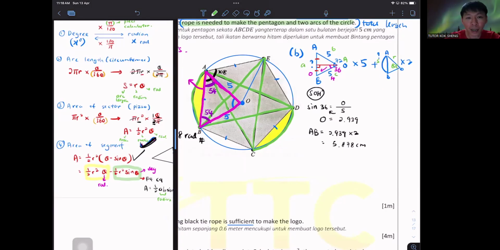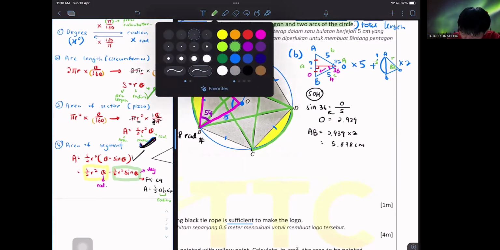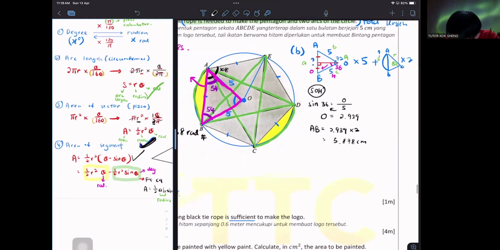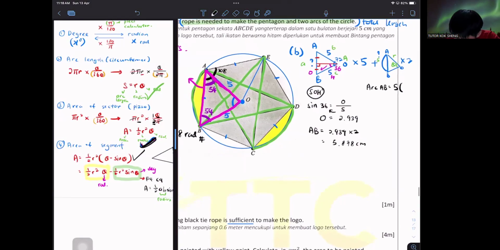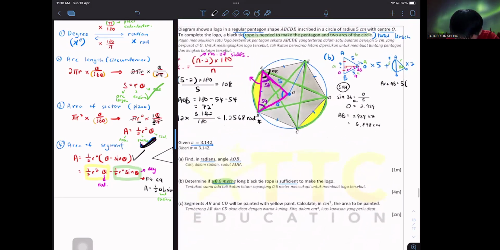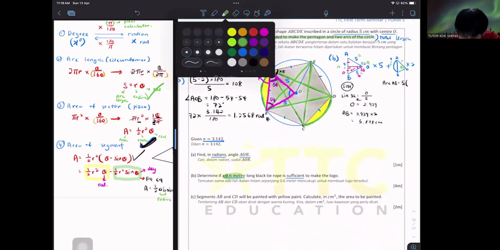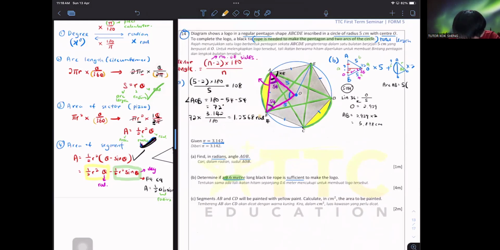Okay, we still got everything. Let's go. Sub. AB equals radius 5. Theta, we already got the answer from A. 72 degrees convert to radians.